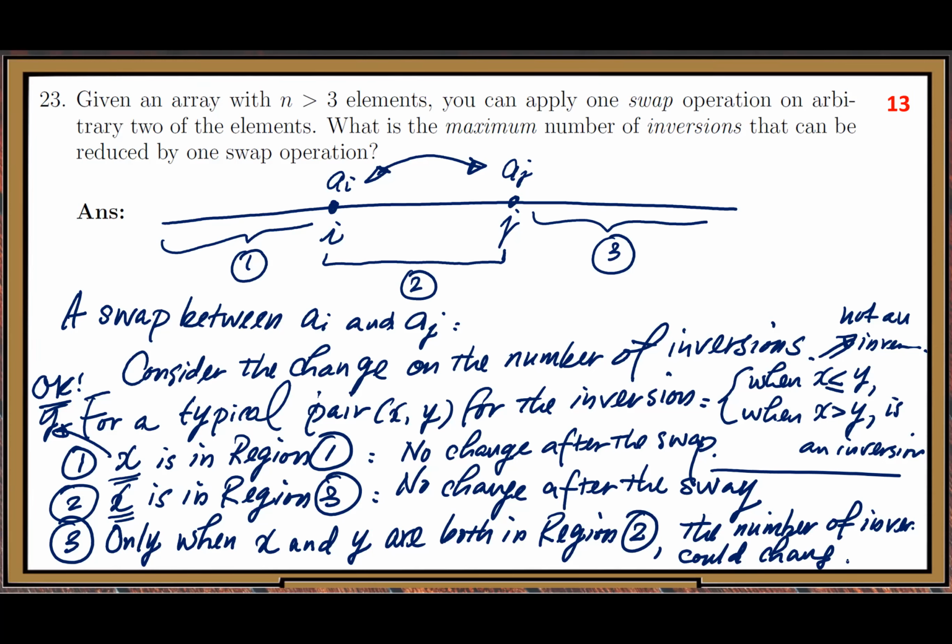That's the key observation. Number 3 comes after the first 2. Here you can see only the pair to be considered in region number 2 could be affected by the swap.